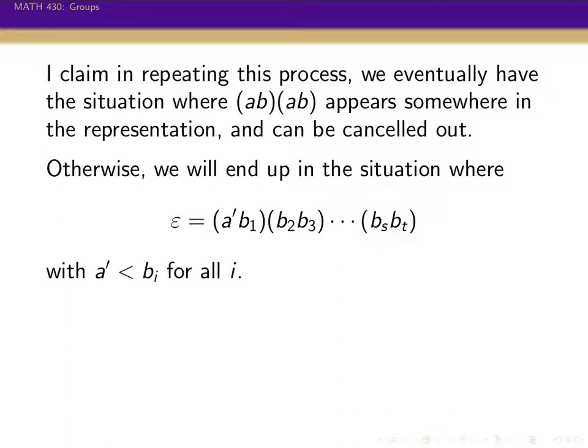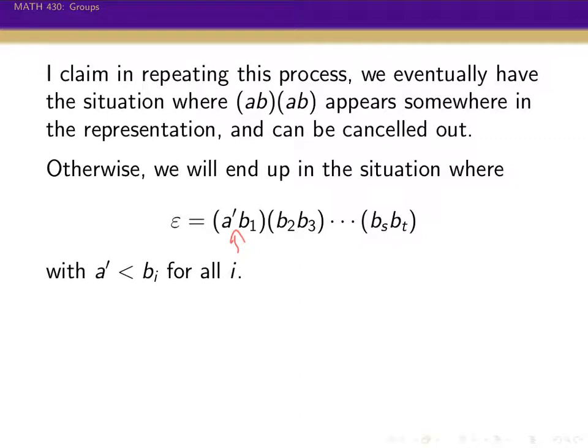So this is the smallest entry of all the entries in all the 2-cycles, and it will be by itself in the leftmost 2-cycle, and then everything that appears to the right of it will be bigger than A prime.